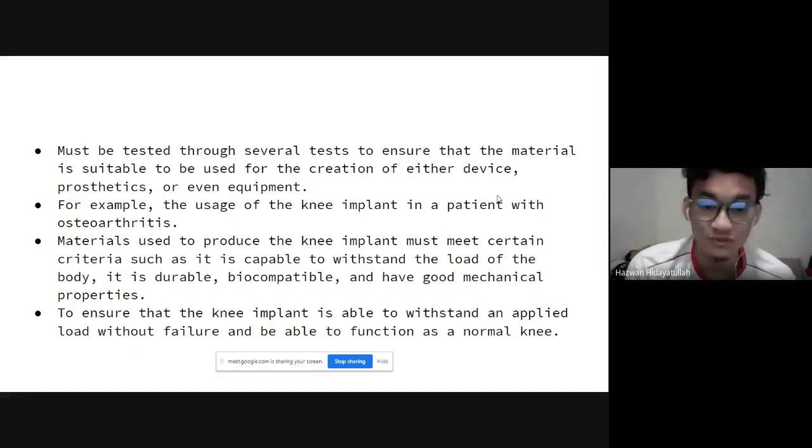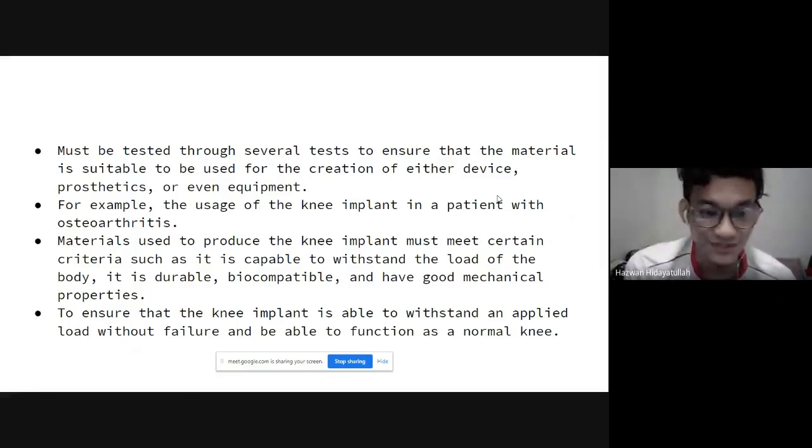Okay, for example, the usage of a knee implant in a patient with osteoarthritis. Materials used to produce the knee implant must meet certain criteria, such as being capable of withstanding the load of the body, durable, biocompatible, and having good mechanical properties, so that it is going to last long and the patient doesn't have to change their knee implant.